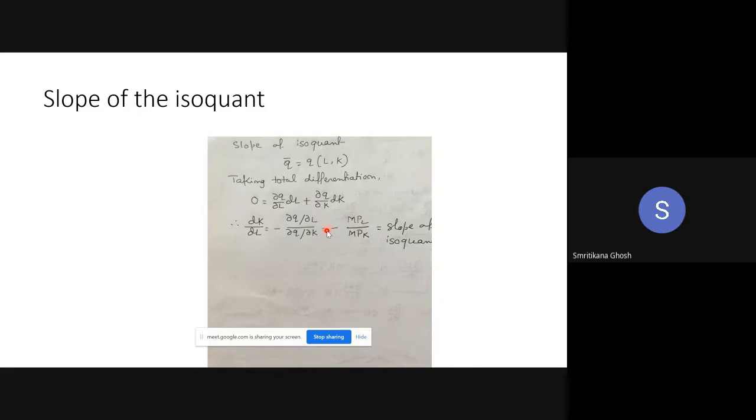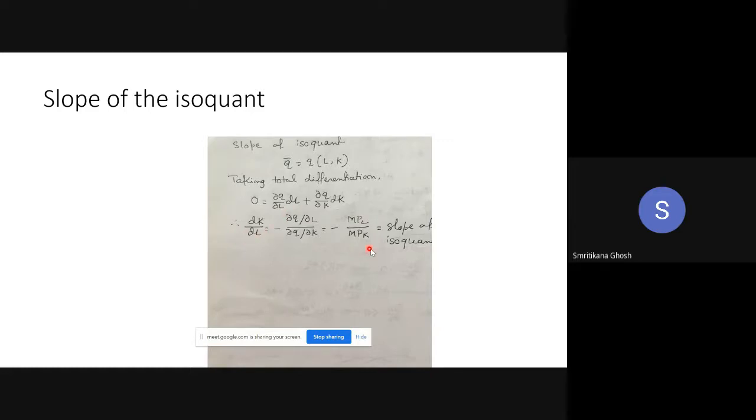And we know after a certain level of employment, MPL becomes negative, right? So when MPL is negative, then MPL over MPK with a negative sign, that total thing becomes positive. So from that point, your slope of the isoquant will be positive.